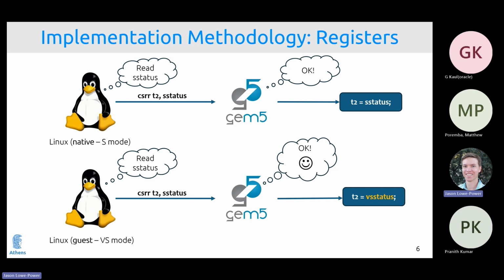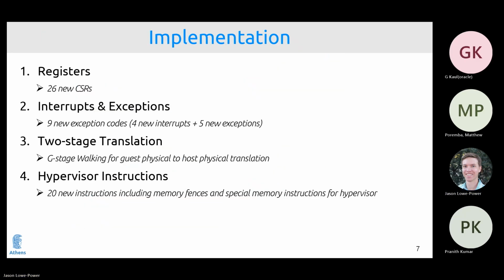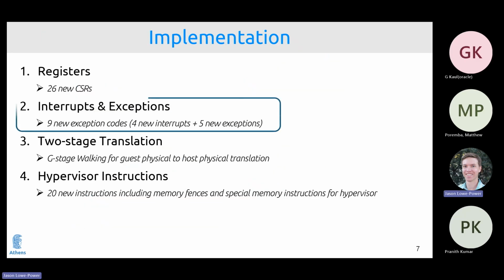And you don't want to give the hypervisor's CSR to the guest OS. And this is a trick that the hardware, gem5, plays transparently to the OS that's being virtualized. Okay, so that's a neat thing about registers.